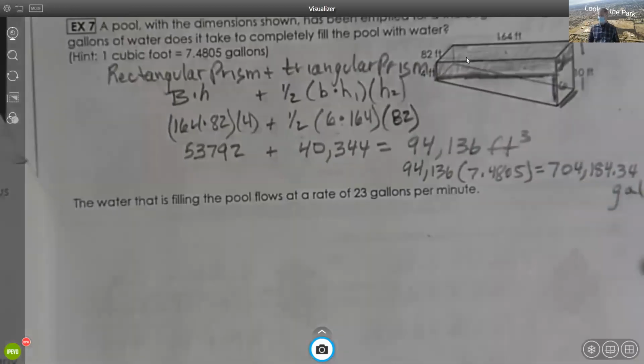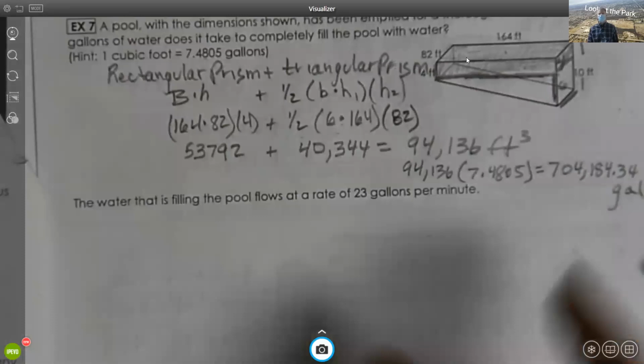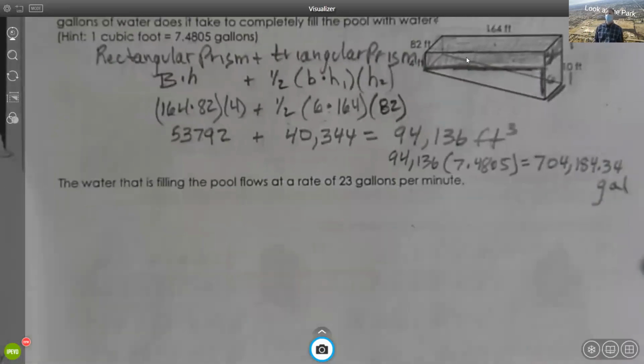Okay, so that multiplies out to be our number of gallons. So when you're filling this pool, the pool flows at a rate of 23 gallons per minute.